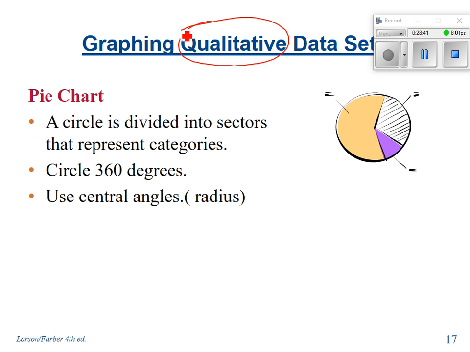Pie charts are qualitative. Pie charts deal with some kind of quality. Maybe it's splitting up freshmen, sophomores, juniors, and seniors. Maybe it's splitting up different towns or whatever it happens to be.